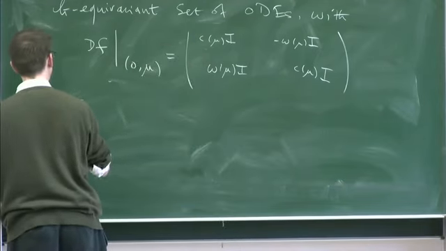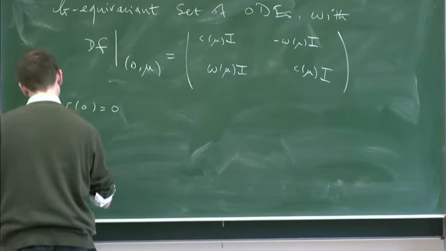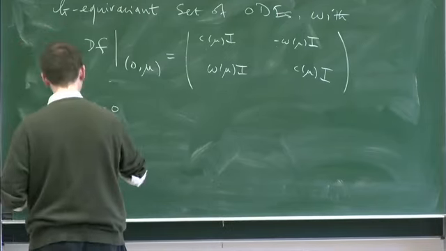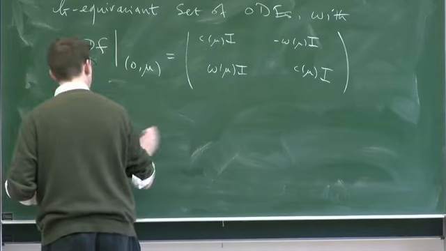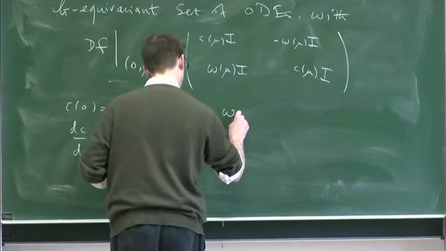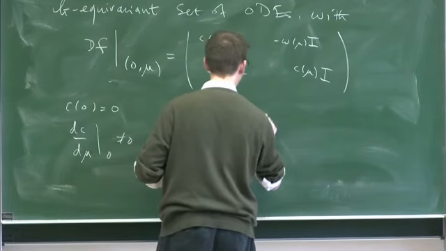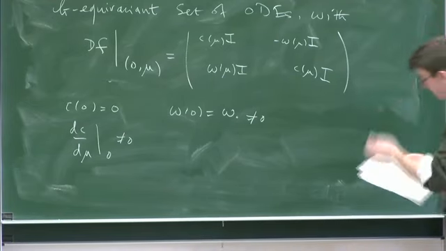So C of 0 is 0. I have the usual crossing condition, and I have a non-zero frequency onset. Okay, so omega at mu equals 0 is not 0.